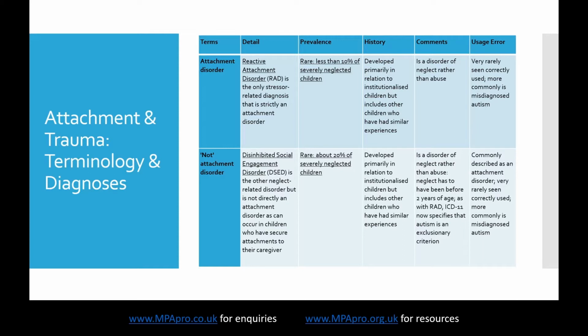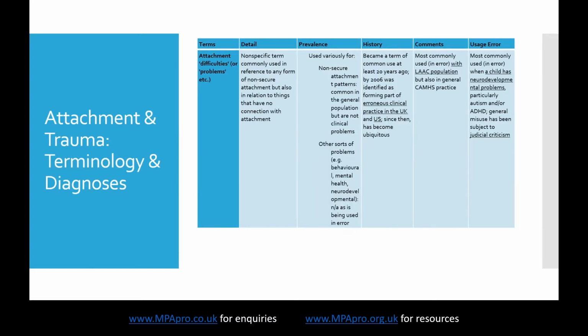And then we've got disinhibited social engagement disorder. That's not an attachment disorder. Again, it's very rare. Then we've got this, which is much more common, where people are talking about attachment difficulties. In terms of kids that we see, if they've been to CAMHS before they come to see us, it's very, very common that it will be described as an attachment difficulty.